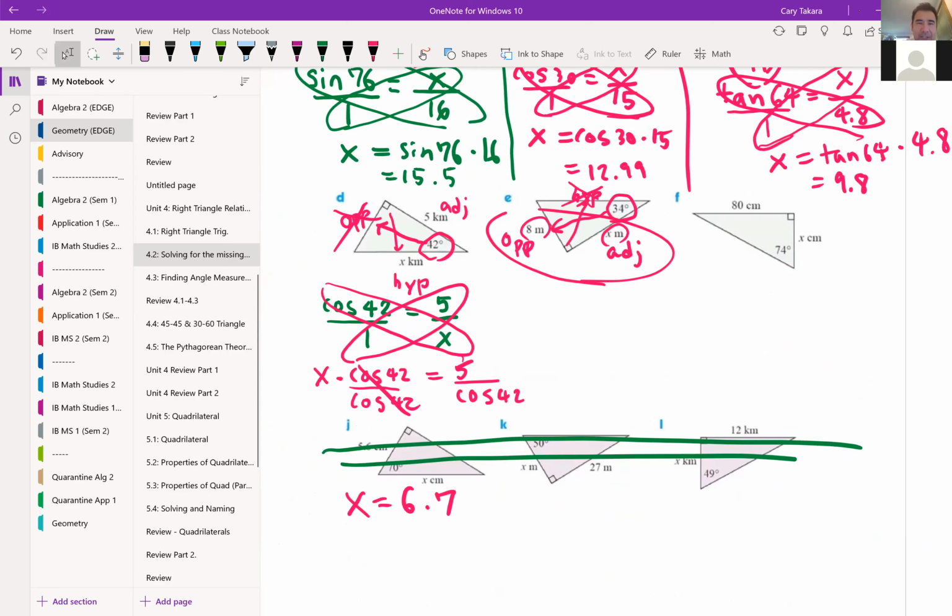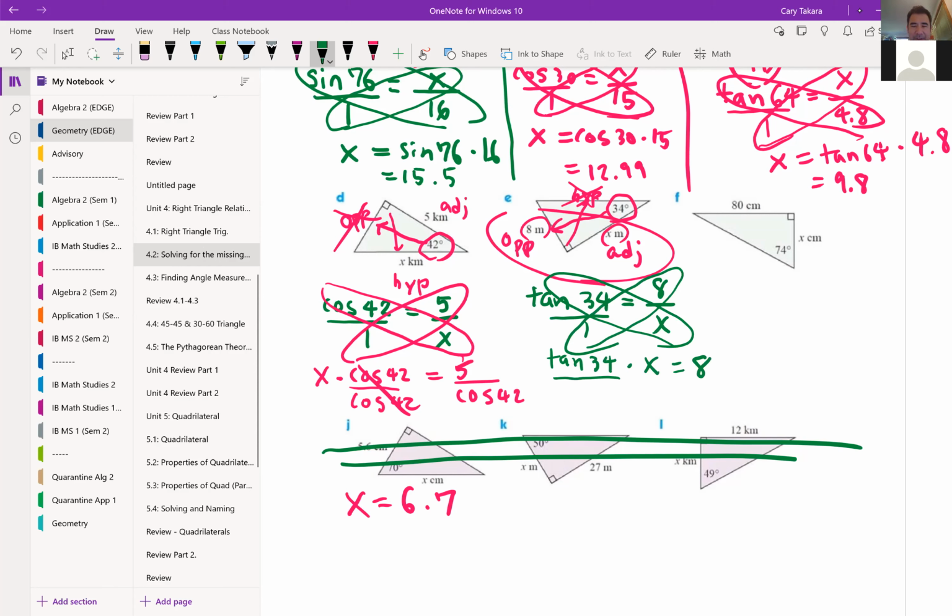So let's write it down. Tangent of 34 equals opposite over adjacent, OA, right? So it's 8 over x. So now let's cross multiply. Tangent of 34 times x equals 1 times 8, which is just 8.